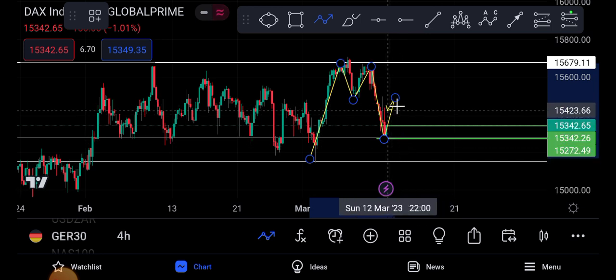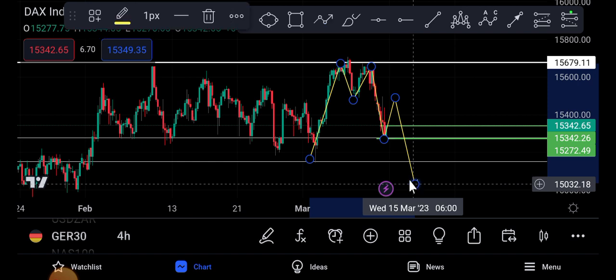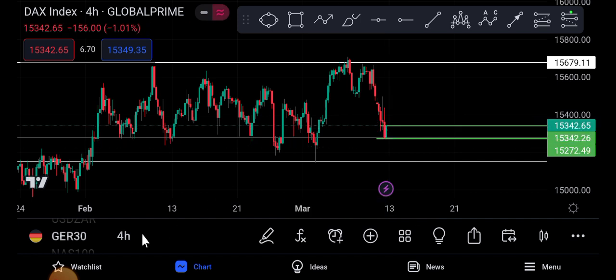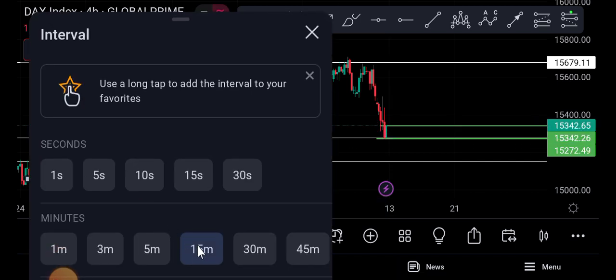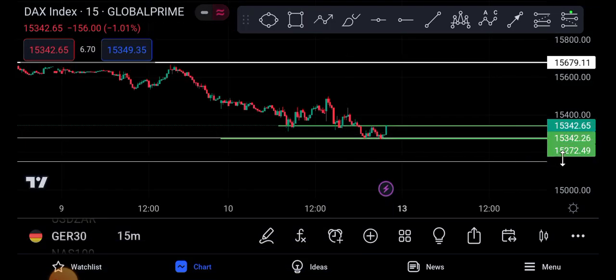And from here, after that retest, we're going all the way down, you understand what I mean, guys? So now after we do that, most of the time I go to smaller time frames, guys. I'll go to the 15 minutes chart, because I want to show you what's happening right here, right, guys?